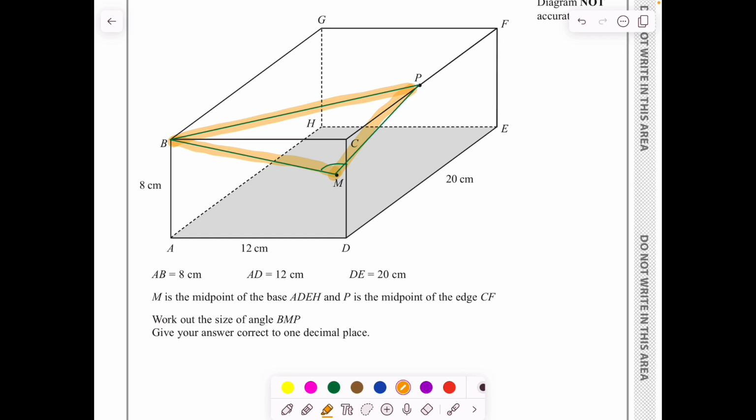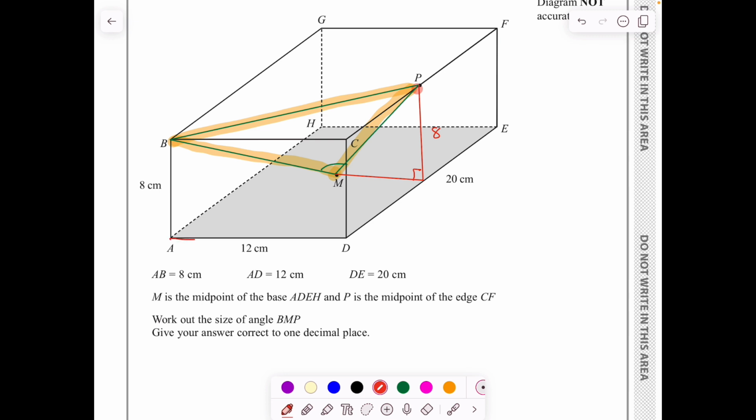So we need to find the different lengths. So I'm going to start off with one of the easy ones, which is MP. So we can make a right angle down here to the edge. That's 8. And then halfway across the rectangle.